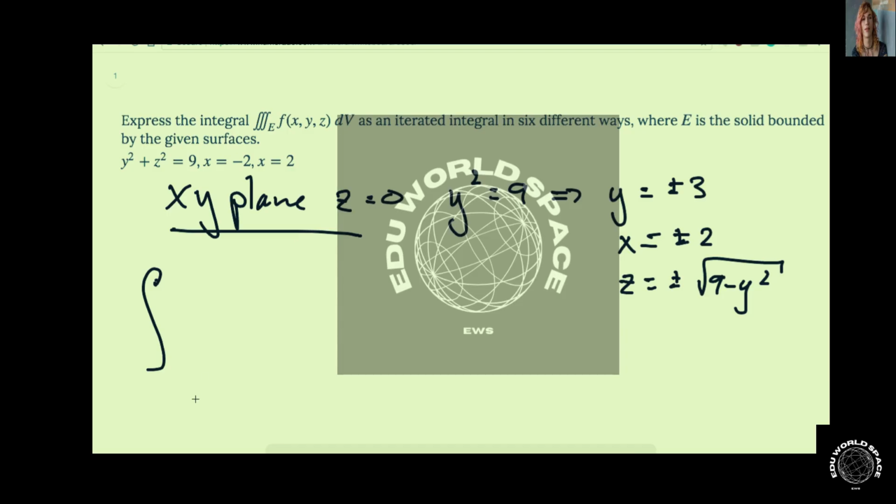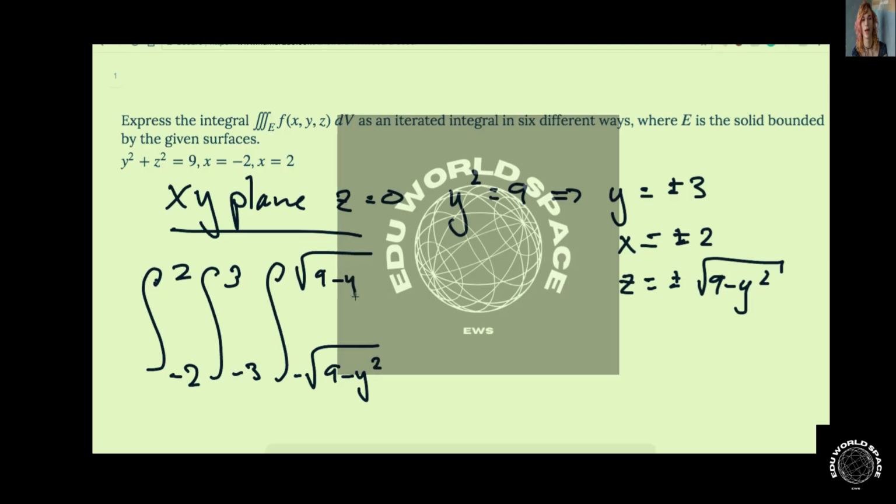All right. So since we're doing z, let's put our x bounds first, then our y bounds, then our z bounds. Okay, so we got z, then we got y, then we've got x. So that's our first integral.